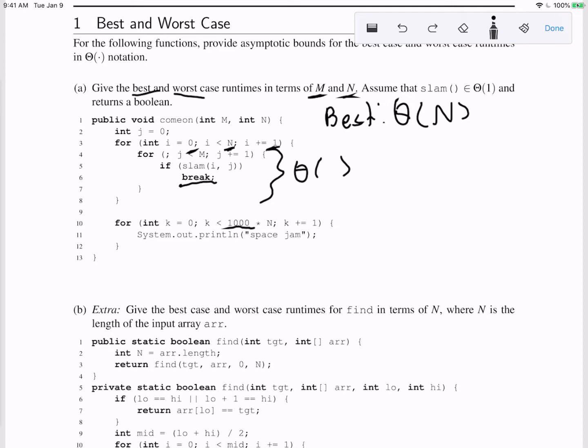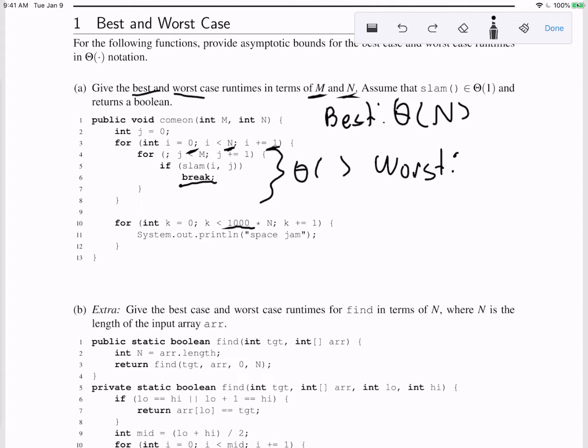Because in the worst case, we want this function to take as long as possible. If we want to make it as long as possible, we shouldn't take any shortcuts, so no break statement. In the worst case, we're going to assume that we're not even going to be able to take that break statement.